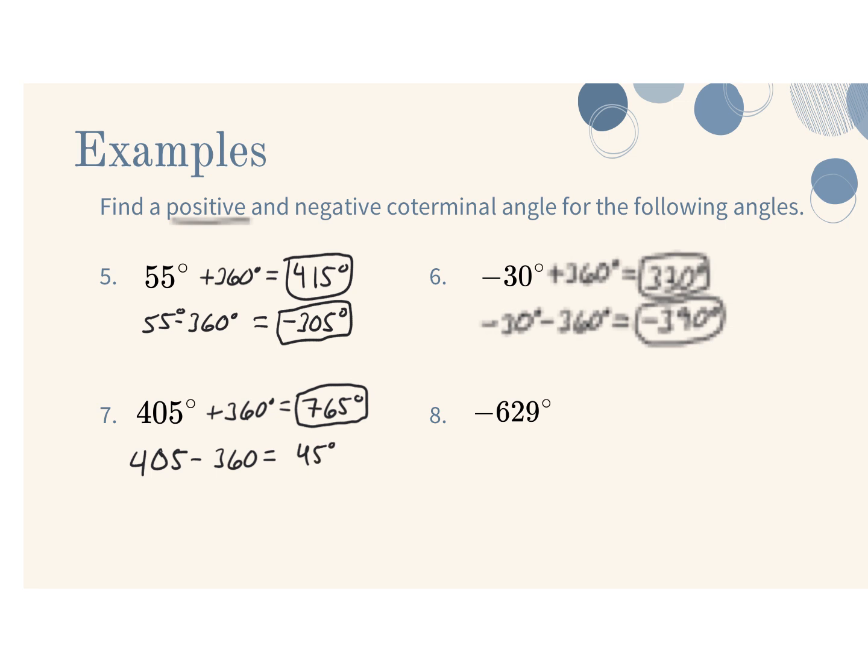Well, that is a coterminal angle. It's just not a negative coterminal angle. We want one positive, one negative. So what are we going to do to find it? We're just going to subtract 360 again from this angle that we just found, and that's going to give us negative 315 degrees.